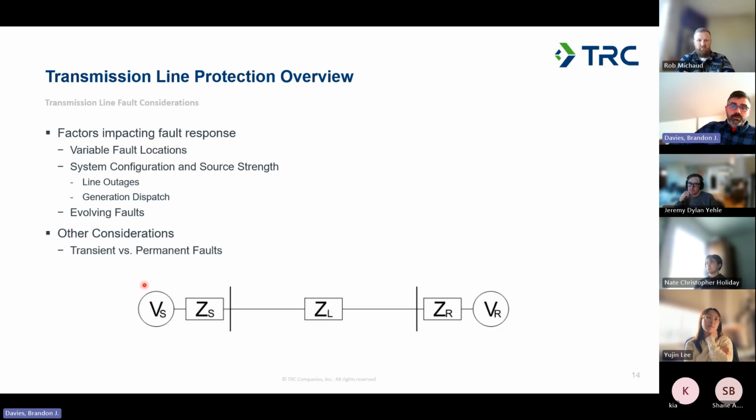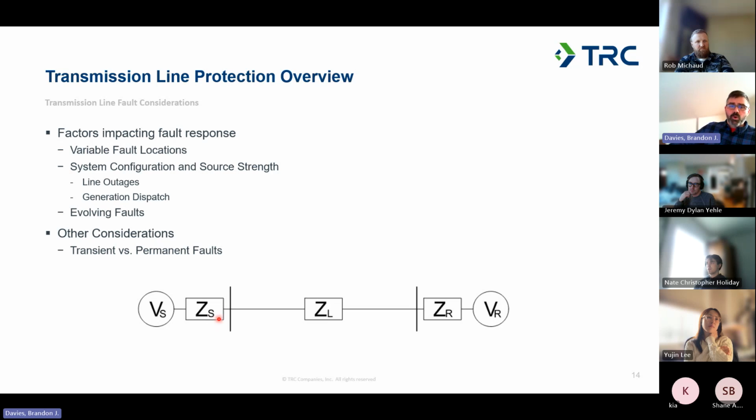One of the other factors is that the system configuration changes. This is again a very simplified Thevenin equivalent for the sending-end voltage, but this would really be potentially 4 or 5 transmission lines coming off this bus, going out to other locations, going to multiple generators. That really makes the system up, and then we've simplified it to this source strength, or the source impedance.